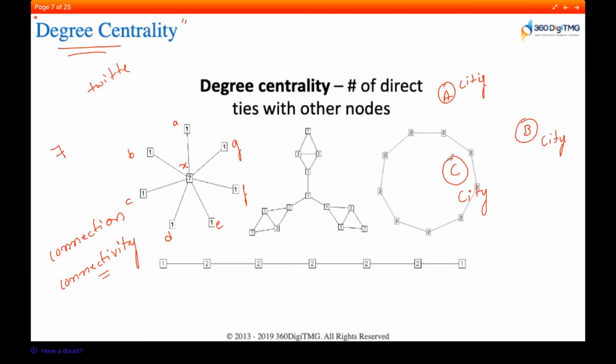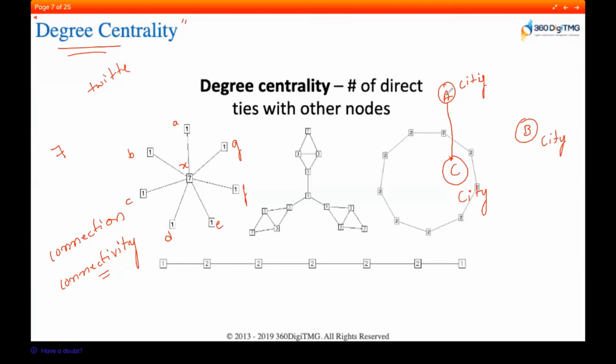Let's say I have a direct transport system from A to C. It could be via highways, freight, or the water network, anything.